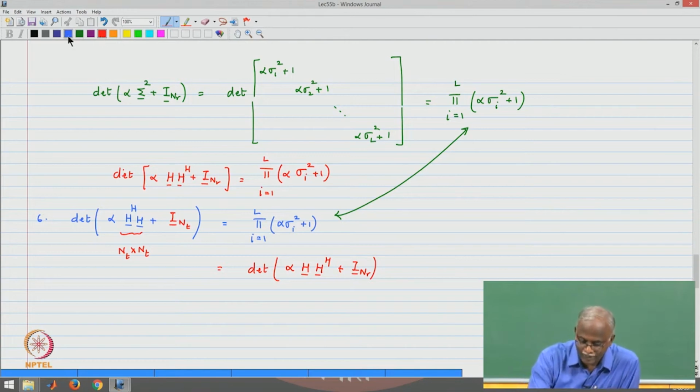This could have also been obtained from our knowledge of linear algebra, a result known as the Sylvester determinant theorem.